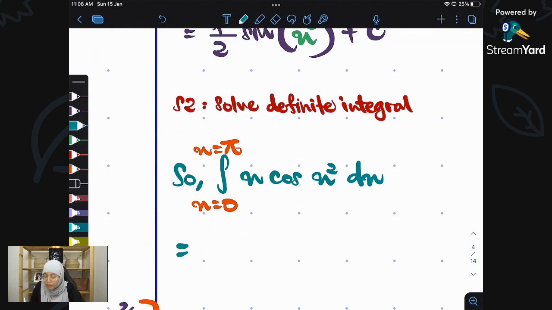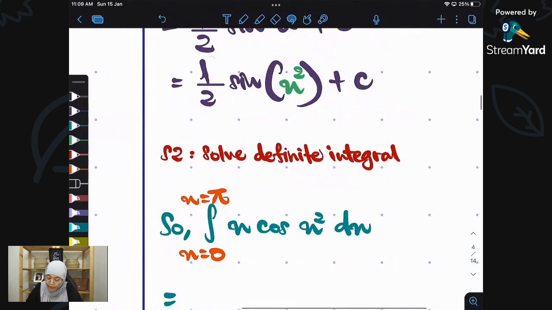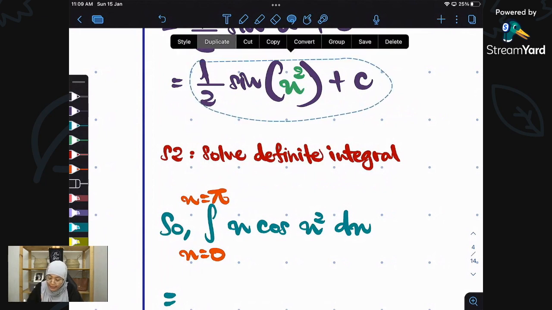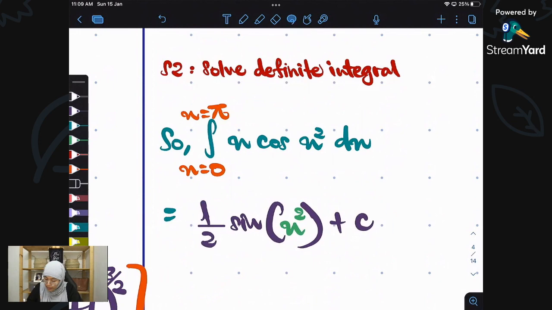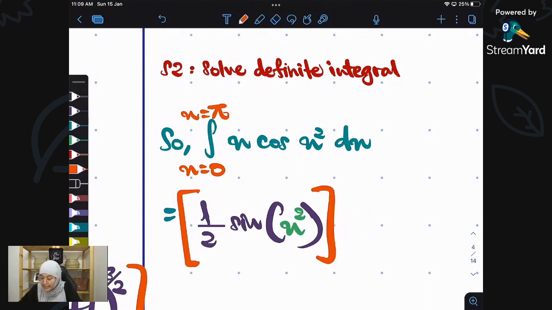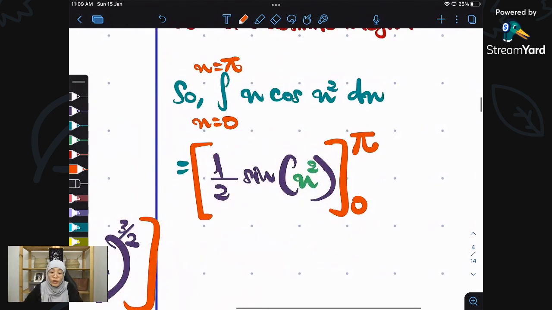Tapi kita tidak lagi perlu integrate, susah payah integrate. Sebab apa? Sebab kita sudah pun integrate di step yang pertama. And then we just bring this answer. But again, I say don't bring the plus C. No. Don't bring the plus C. But we put a big bracket saying that we need to find the value from 0 until pi.